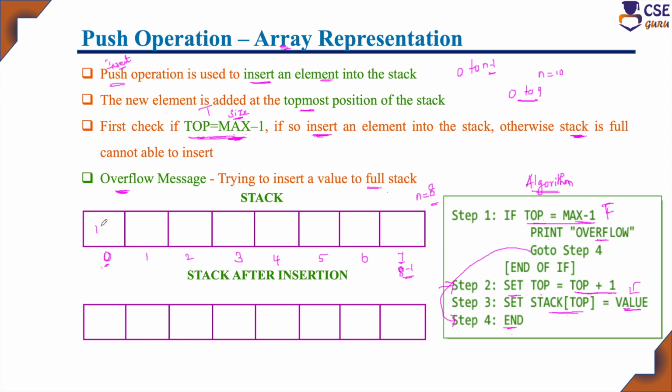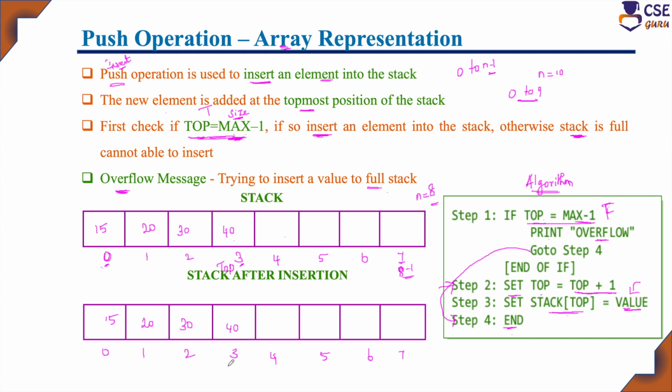And now we have placed elements: the first element, second element, third element and fourth element. So now top represents the third position and the remaining 4 locations are free. Here also it is 1, 2, 3 up to 7, n minus 1. And here 15 is there, 20, 30 and 40.